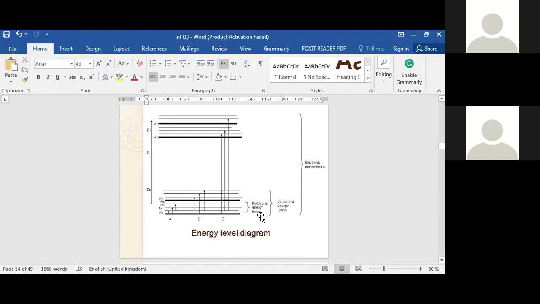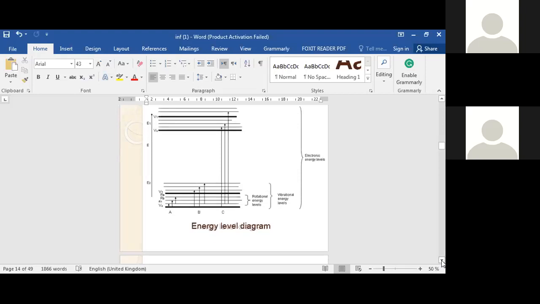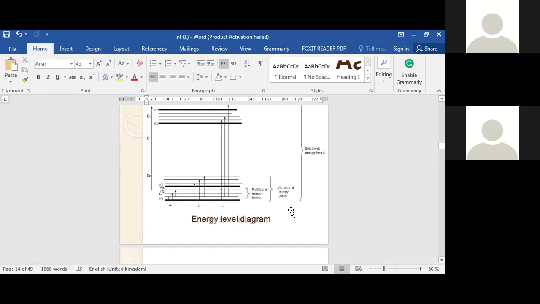We can see the rotational energy levels placed within the vibrational energy levels, and all of those are called the electronic energy level. I mean, the rotational and vibrational levels are sub-levels of the electronic levels.